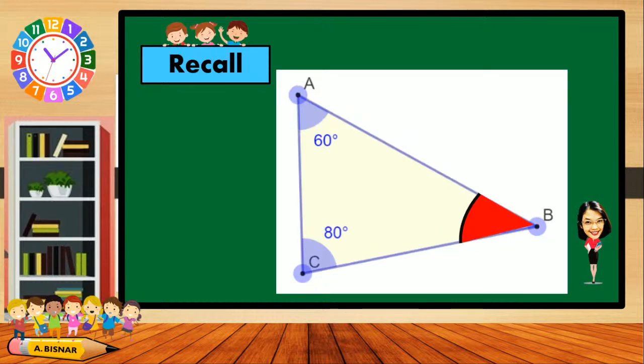How about with this one? What is the measure of angle B?